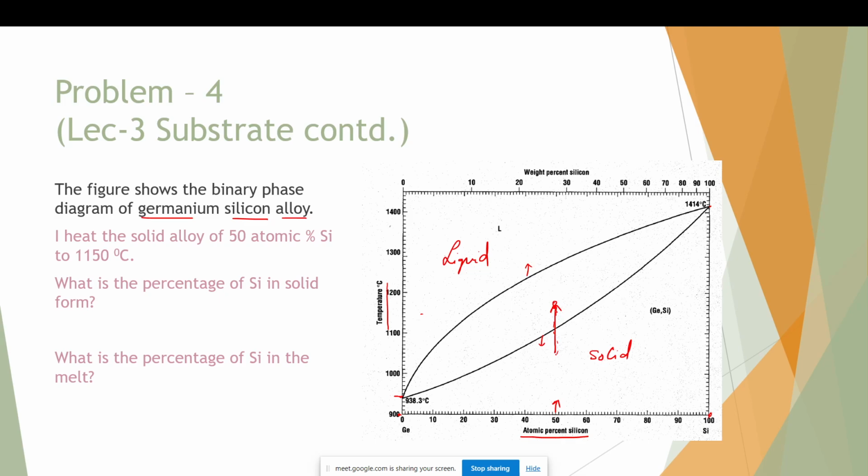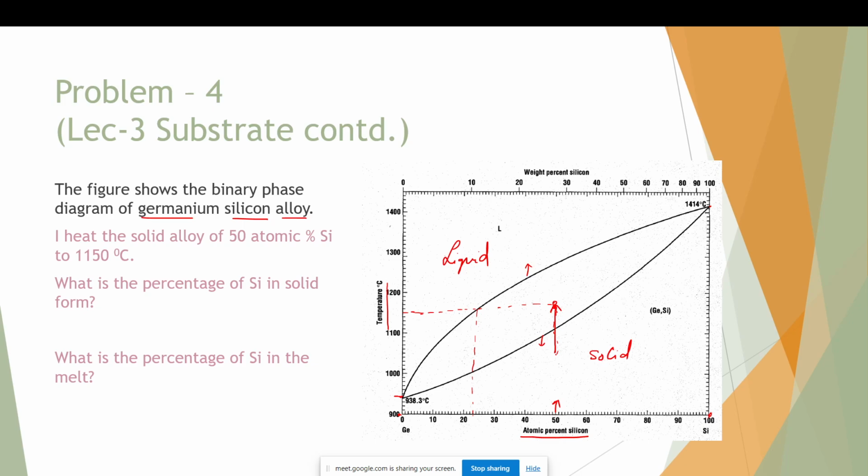To do this, we need to understand how to read a binary phase diagram. At 1150 degrees Celsius, if we had a mixture in which the atomic percent silicon was somewhere around this value, then the entire mixture would have become a melt or liquid, right?